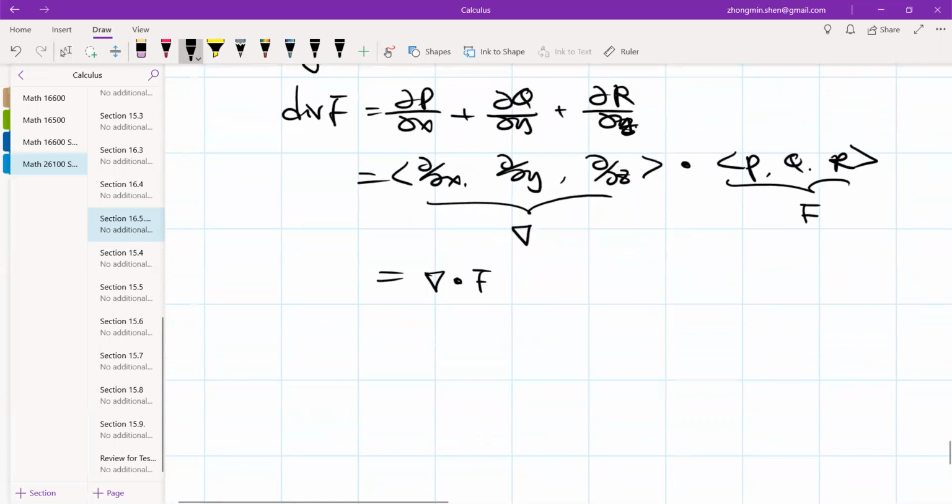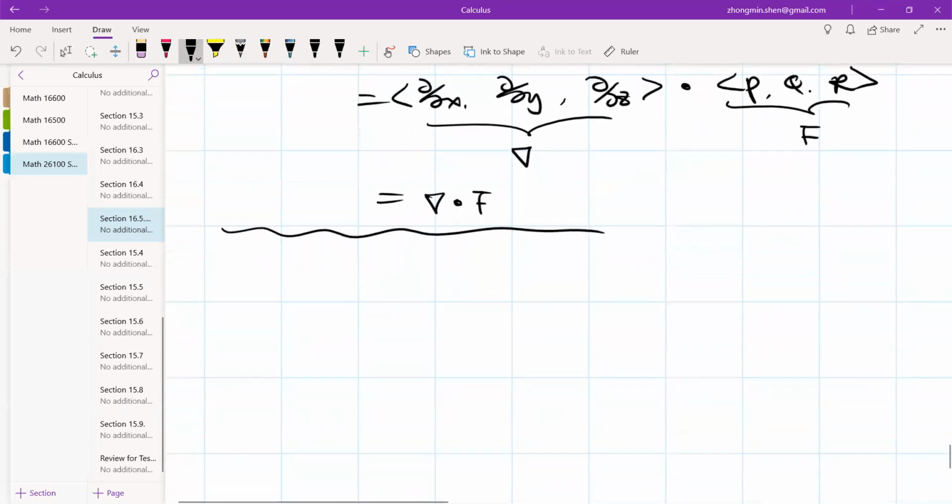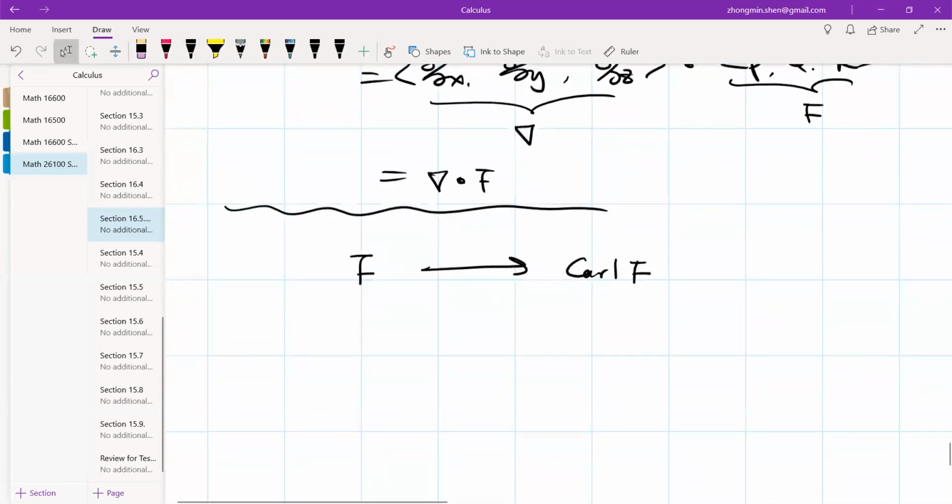So why do we want to do this? One of the motivations to introduce divergence: given a vector field, we get the curl of the vector field. So this is another vector field. But not every vector field comes from the curl of another vector field.